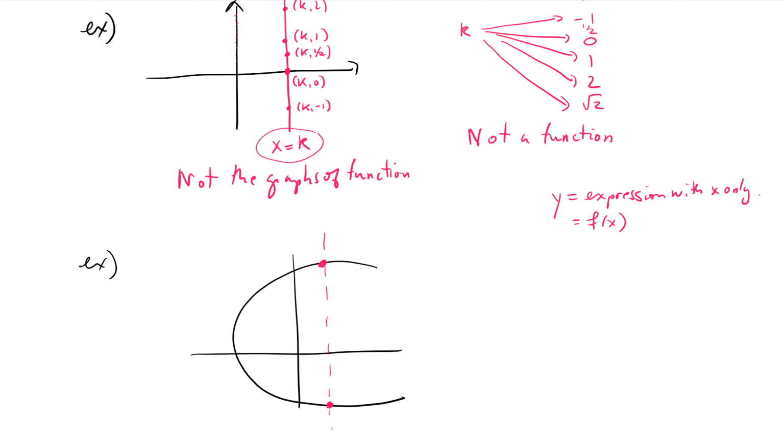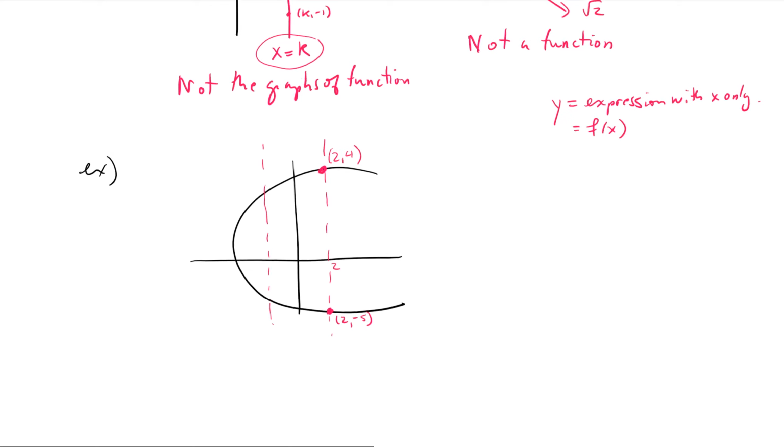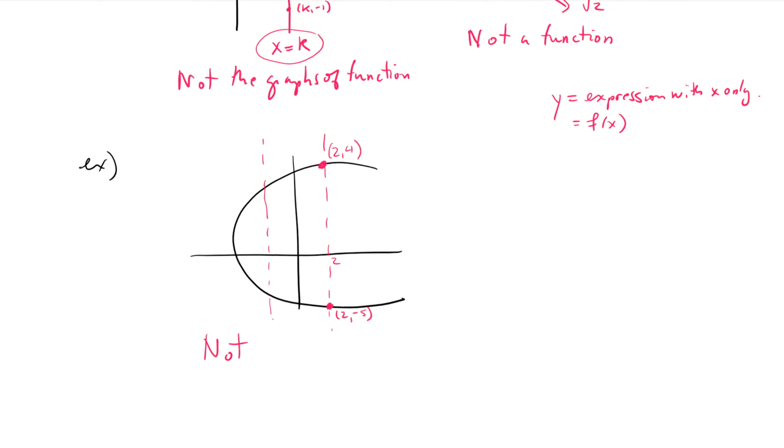Because imagine this is, I don't know, x equals 2. This would be (2, something). This would be (2, something else), right? That could be, I don't know, (2, 4), and that could be (2, minus 5). So for a single value of x, let's say here 2, I have two values of y, 4 and minus 5. So if for a graph you can draw a vertical line that crosses the graph in two different points, it's not going to be the graph of a function. Okay, so that's called the vertical line test. If the graph fails the vertical line test, it's not a function.